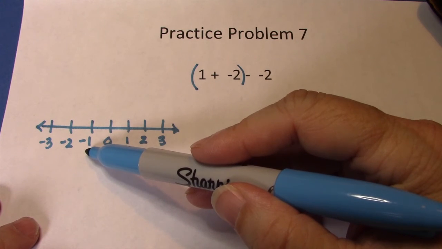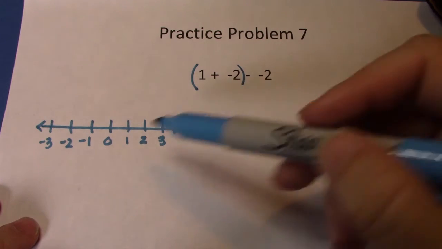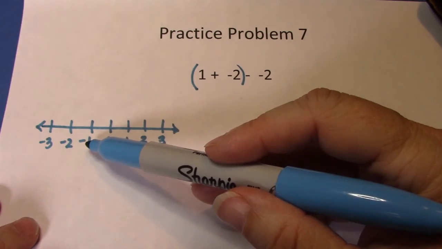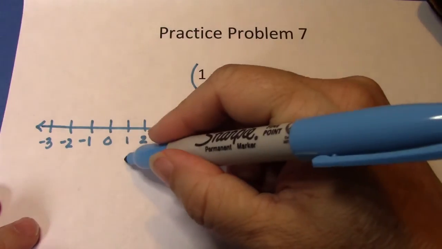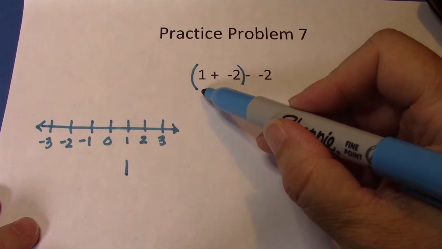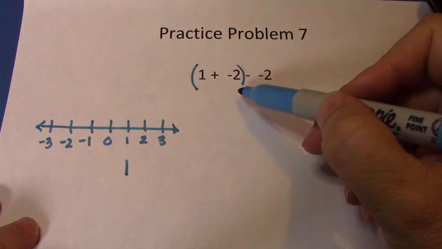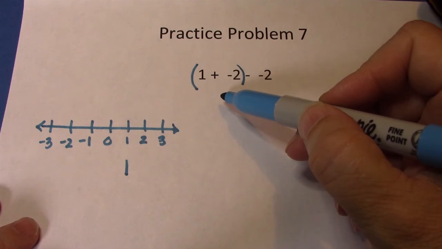Then the second part is subtracting a negative, so we're going to move right, 1, 2, and we're at positive 1. All right, let's do that with the rules. 1 plus negative 2. So we are doing addition and the signs are different.